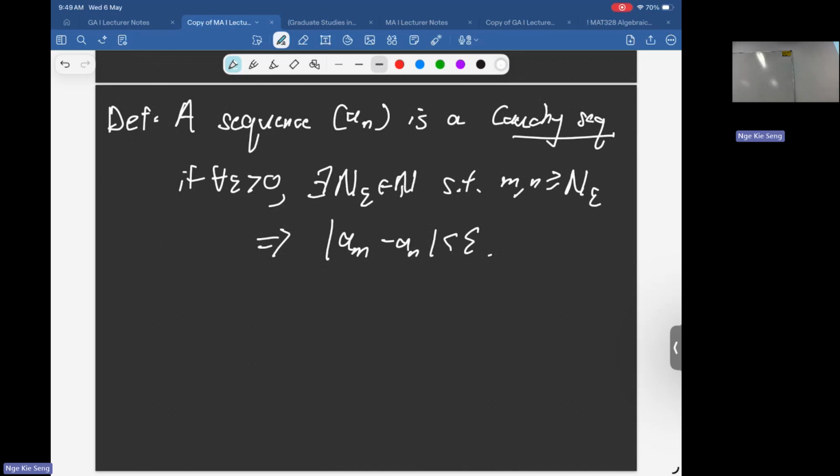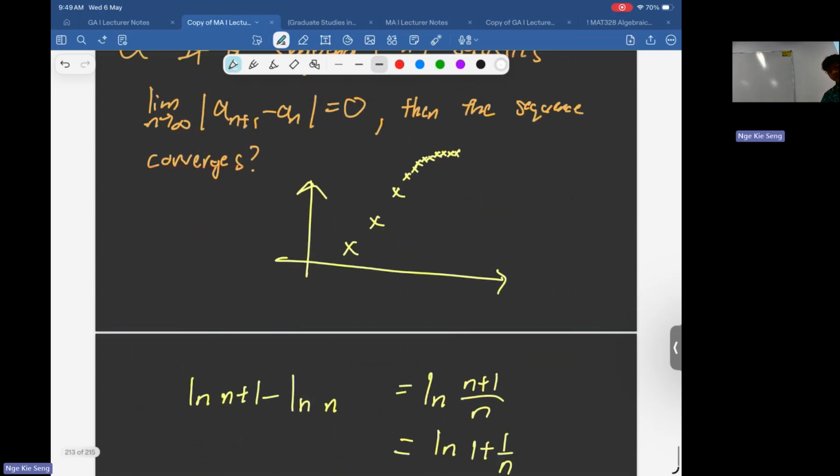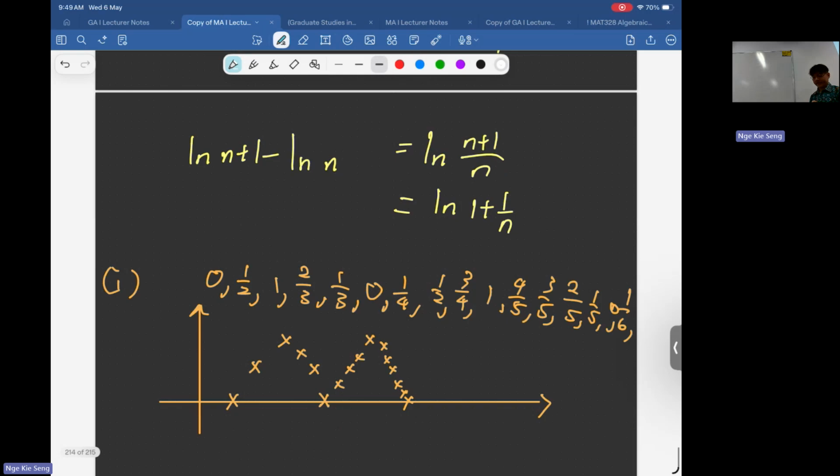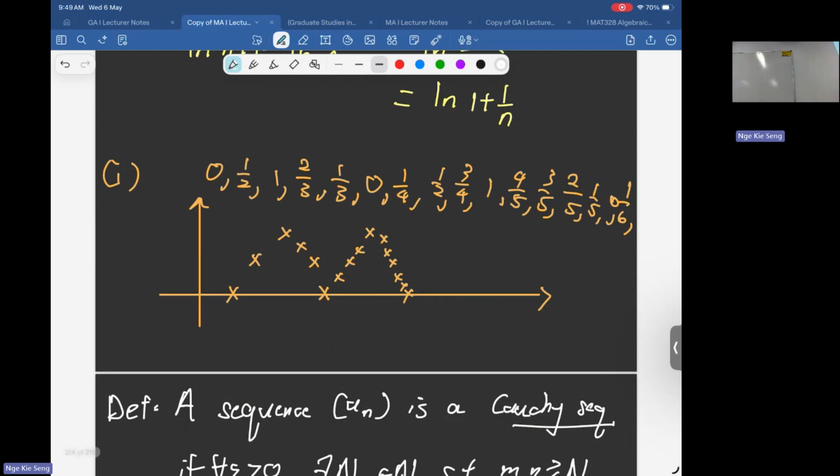Just now we were only comparing subsequent terms, but here it's arbitrary terms after. So everyone has to get closer. It's not just a subsequence. I need to compare this one with any one of them, so that I can squeeze everyone together. Understand? So this can avoid what happens here.